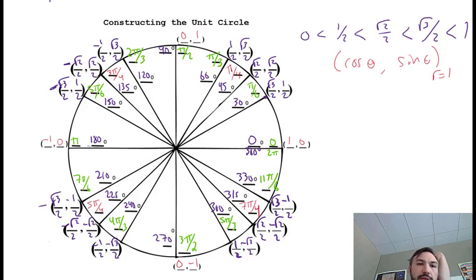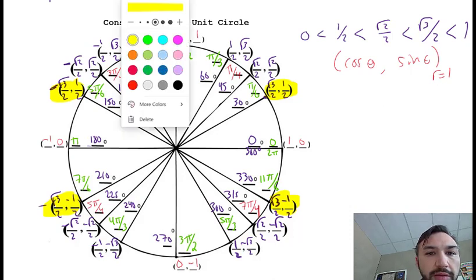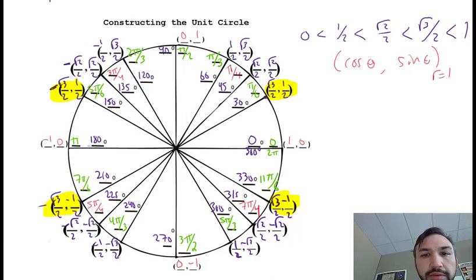Okay, so there's quite a bit of repetition there. And I'm going to highlight some of this for you to see. A lot of times when you see pictures of unit circles, they'll color this one, and then they'll make these the same color. Since they had that same little reference triangle, they have the same point. You just have to think about which quadrant you're in to make the right ones positive or negative.